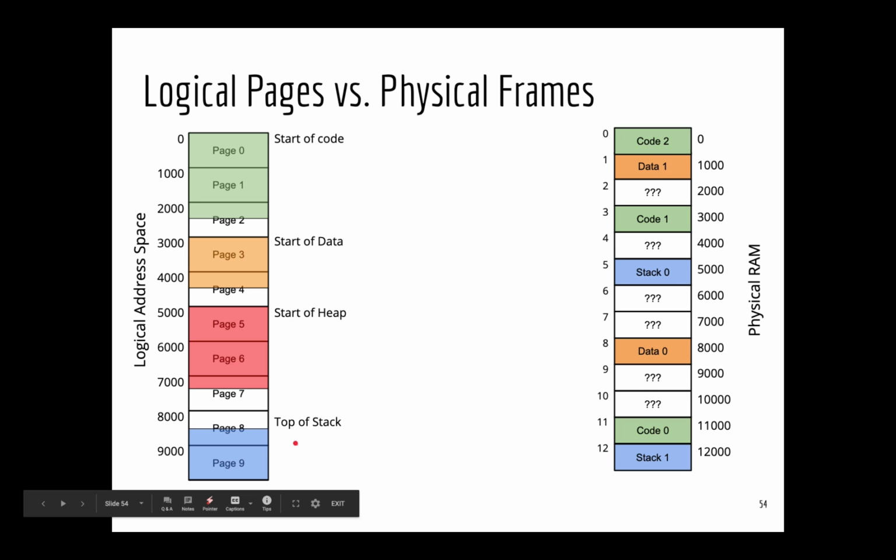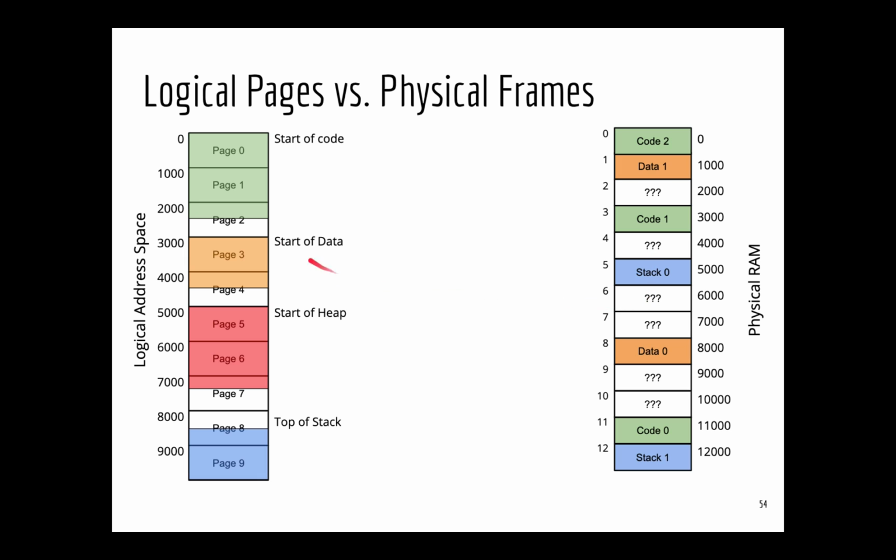Now to disambiguate logical layout, which is always contiguous, versus the physical layout, which is not contiguous, we will use the word page to refer to areas in the logical space, and we will use the word frame when we are referring to areas in the physical RAM.